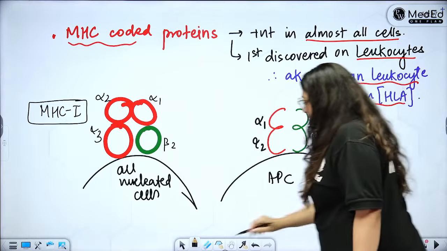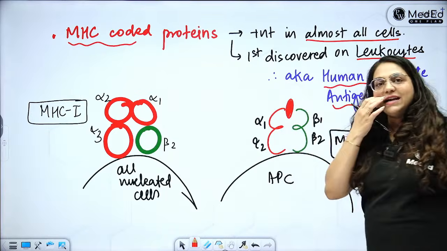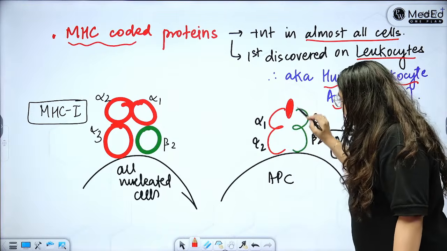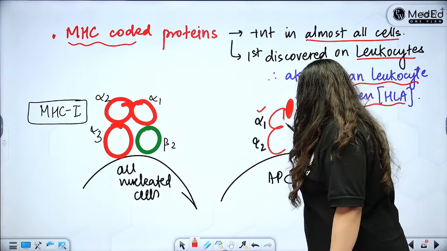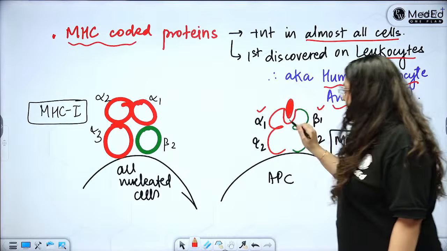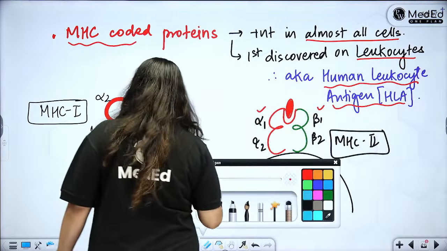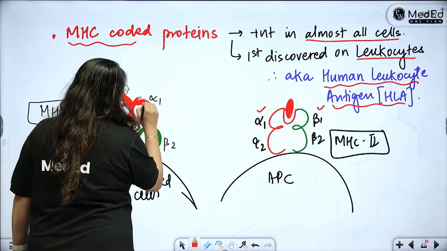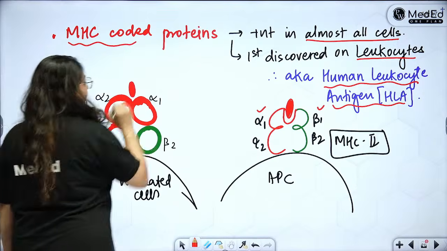Antigen will come and bind over here. So where is the antigen binding? In the groove which is present in alpha 1 and beta 1. Here a groove is formed, and the antigen comes and sits inside this groove. This is the groove in which the antigen will sit.